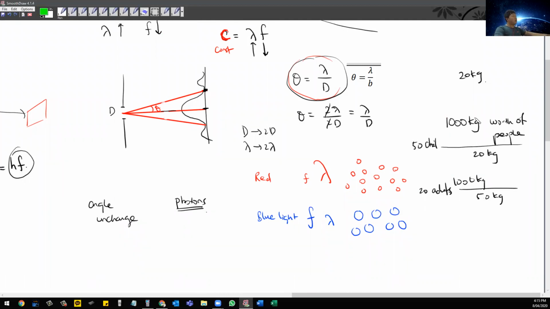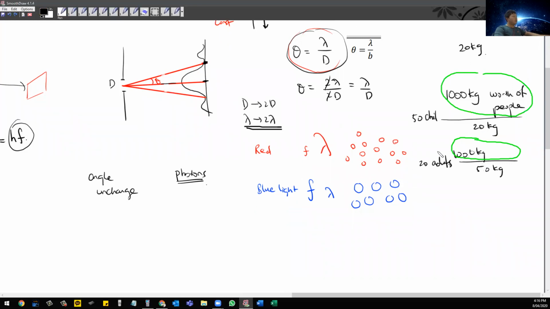So in this question, the amount of energy, the intensity, stays the same. But the wavelength is increased from lambda to 2 lambda. That means you went from blue light to red light, which is like going from adults to children. So you end up with more particles arriving.